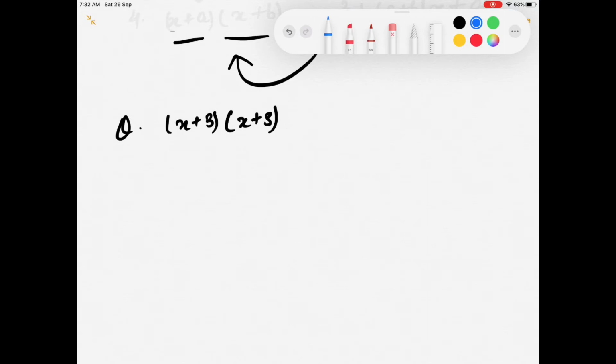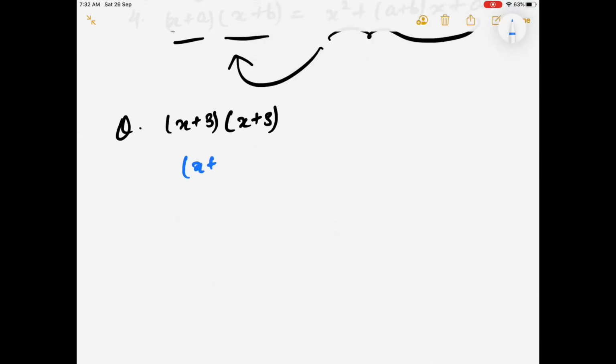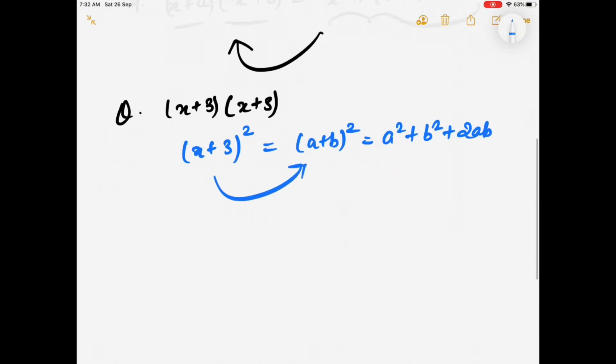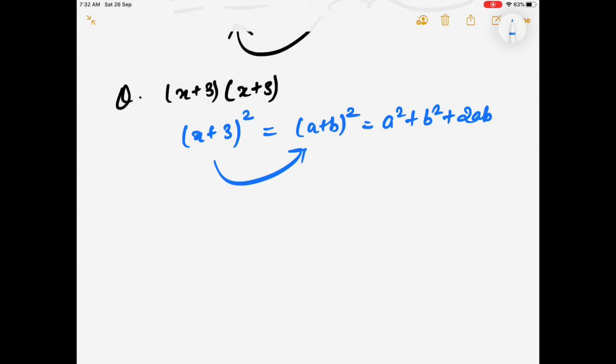When we combine these two brackets, we have (x plus 3) whole square. Now what identity can we use here? (a plus b) whole square is equal to a square plus b square plus 2ab. Can we use this identity here? Yes, we will use this identity in this question.